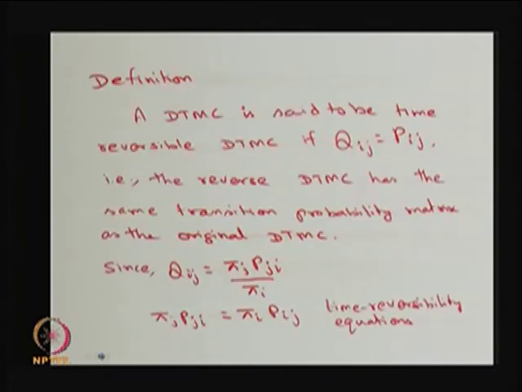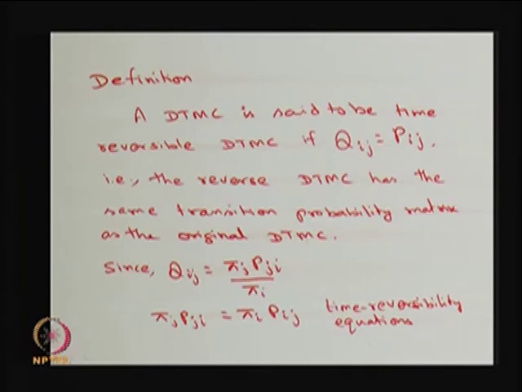Now, I am going to give the definition of a time reversible chain. A DTMC is said to be a time reversible DTMC if both the transition probabilities are one and the same. That means the one step transition probability of the time reversible process, Q_ij, is the same as the one step transition probability of the original DTMC, that is P_ij. That is, the reverse DTMC has the same transition probability matrix as the original DTMC.